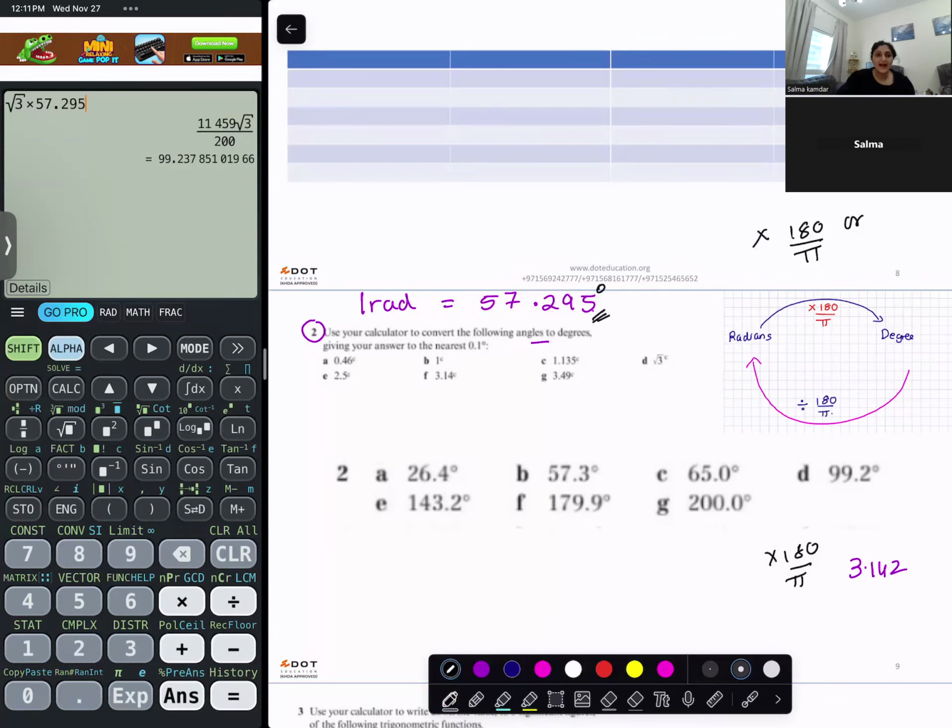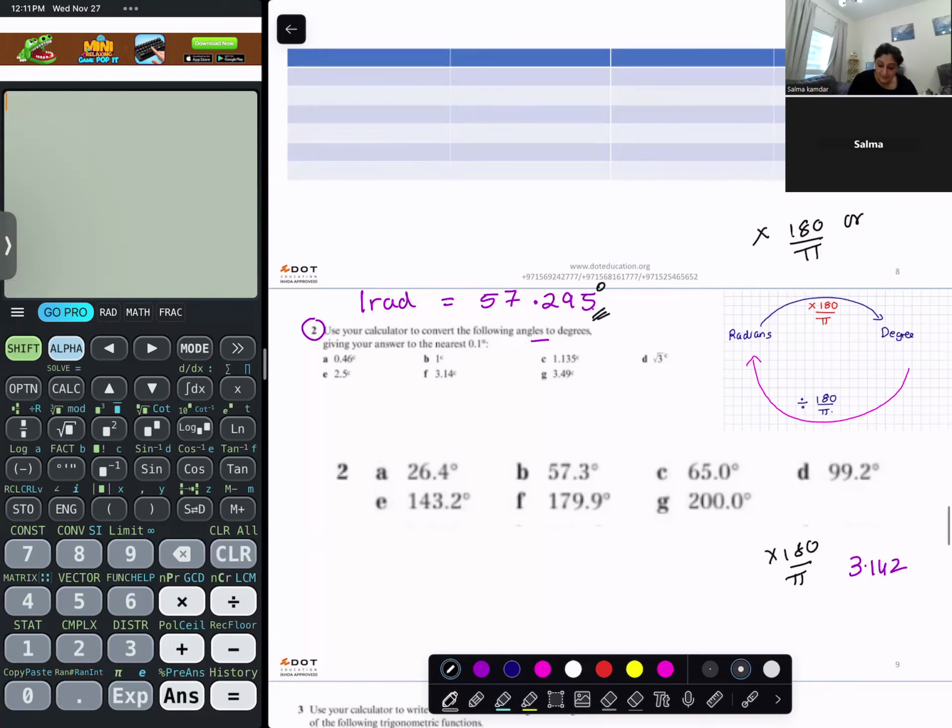So since 1 rad is 57.295 degrees, you can multiply this by 57.295. So you have 0.46 into 57.295. So this comes up to 26.355. So it is 26.4.